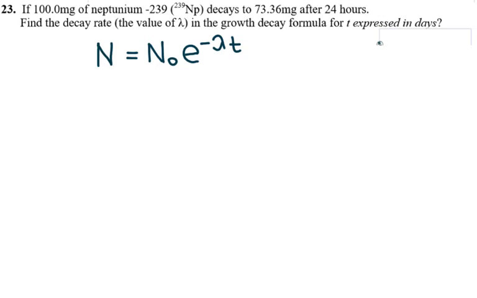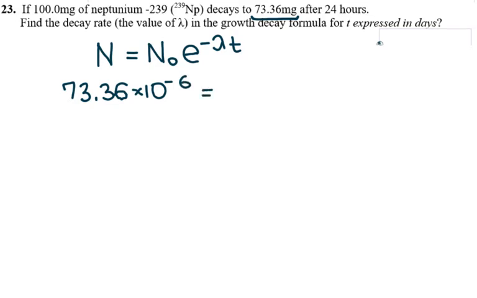And so the number that I'm going to end up with after 24 hours is 73.36 milligrams. So it is 73.36, and to convert milligrams to kilograms, I have to multiply by 10 to the -6 instead of -3.